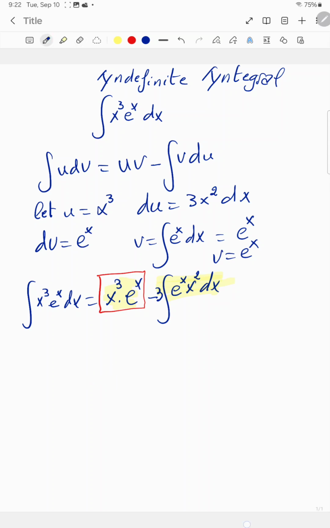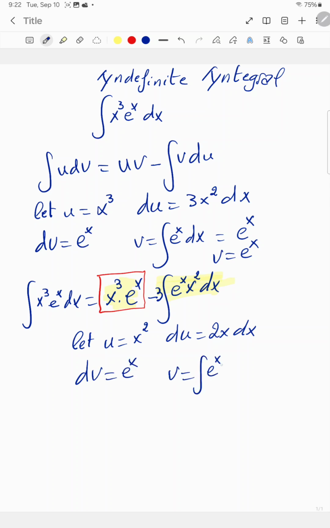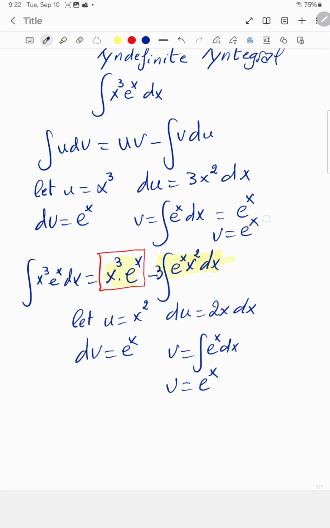So here I will take let u be equal to x squared, so my du is equal to 2x dx, and my dv is equal to e to the power of x, so my v is equal to the integral of e to the power of x dx, so my v is equal to e to the power of x. It's easier to take my dv as e to the power of x.